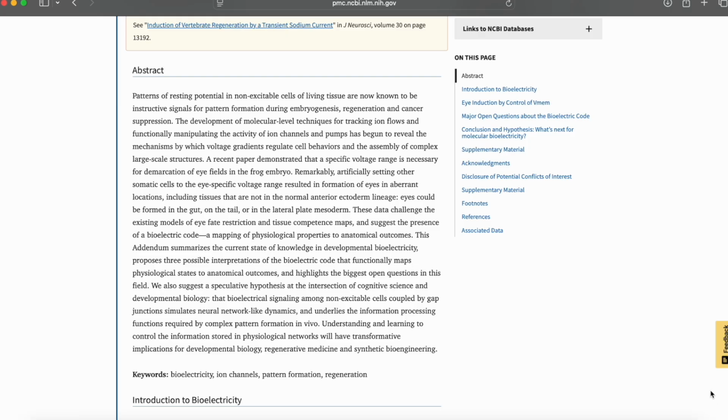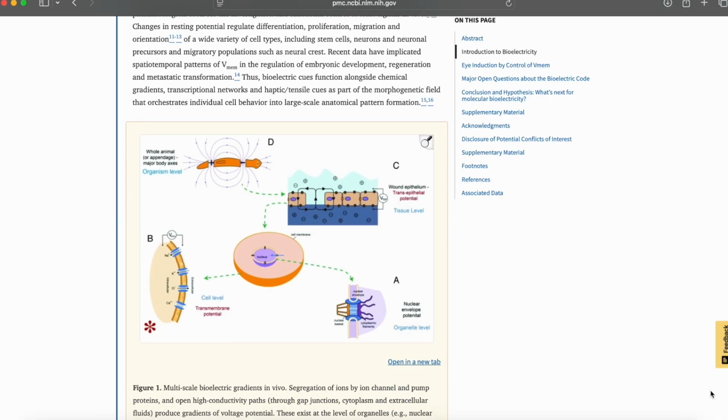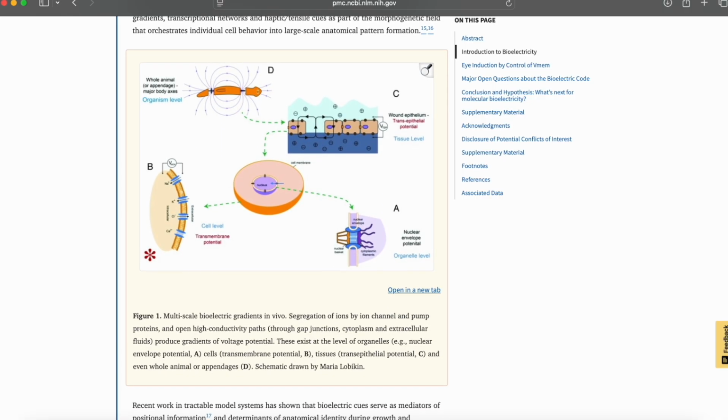Let's look at Figure 1. Multiscale bioelectric gradients in vivo. Segregation of ions by ion channel and pump proteins, and open high conductivity paths through gap junctions, cytoplasm, and extracellular fluids produce gradients of voltage potential.